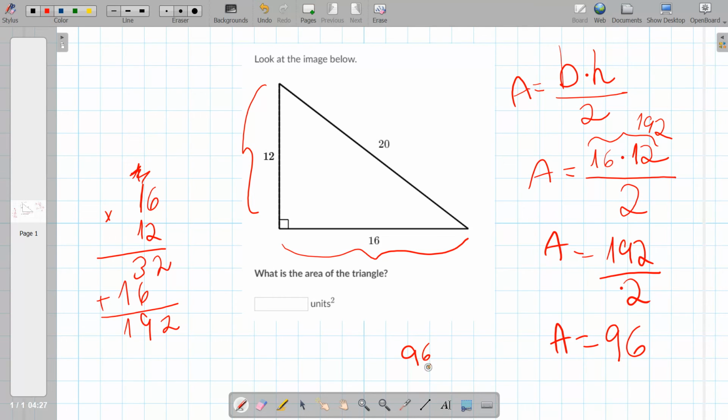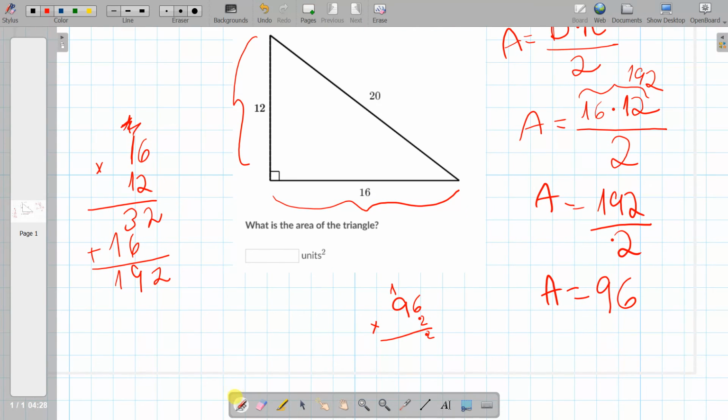Verify 96 times 2, 2 times 6 is 12, 2 times 9 is 18 plus 1 is 19. Yes. So the area is 96.